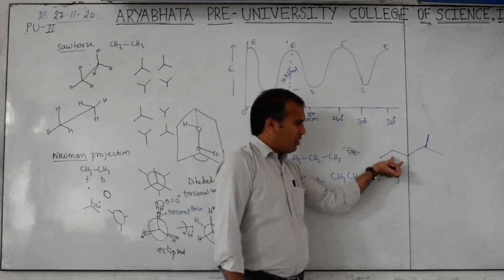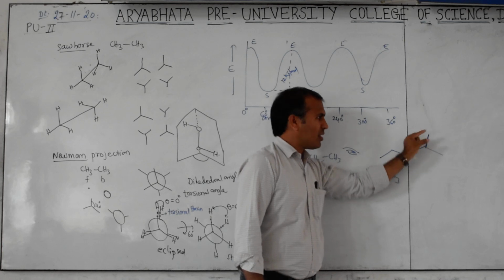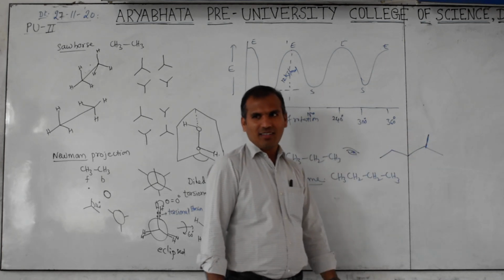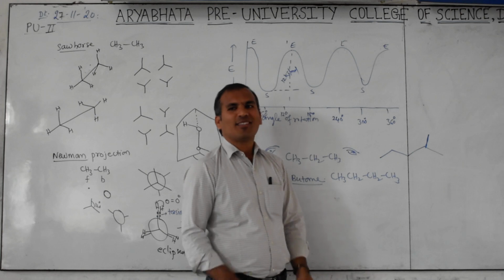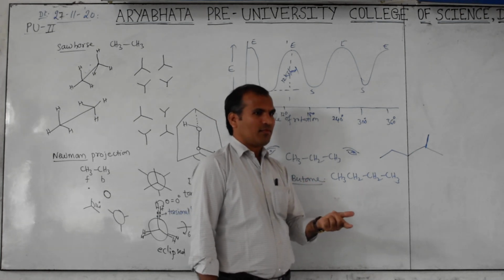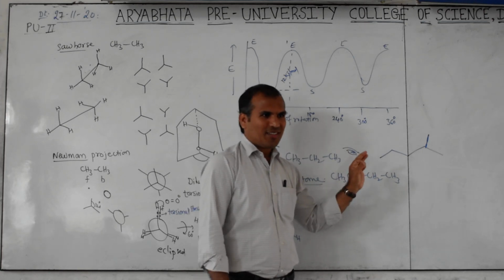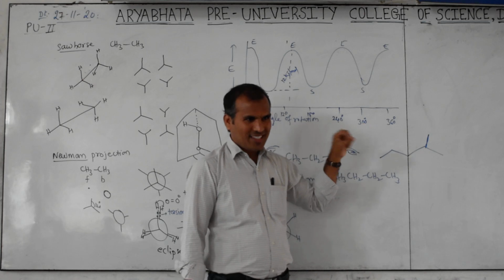One possibility, second possibility, third possibility, fourth possibility. Don't tell this is the same one. Like this also a question will be asked. How many CC single bond rotations are possible? 4 possible, not 5. Not that answer.